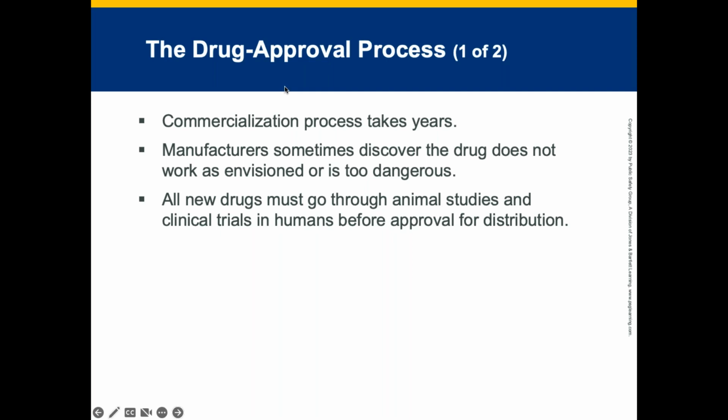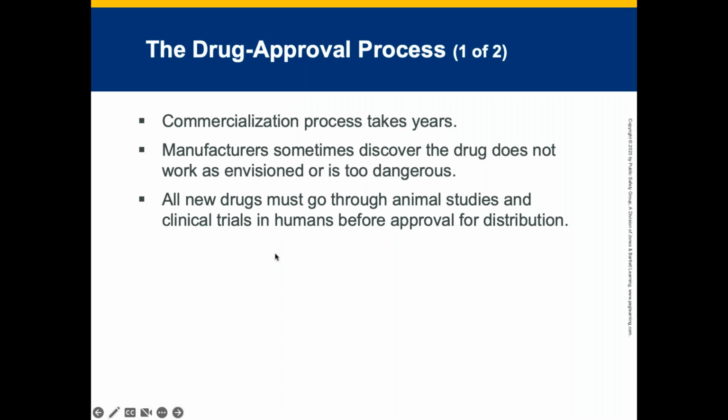But at certain times of mass issues, like we had with COVID-19, as you noticed, the FDA approved things a lot faster. In some cases, manufacturers spend almost 9 years developing a drug to find out the drug does not work as envisioned, or it is too dangerous for human consumption.